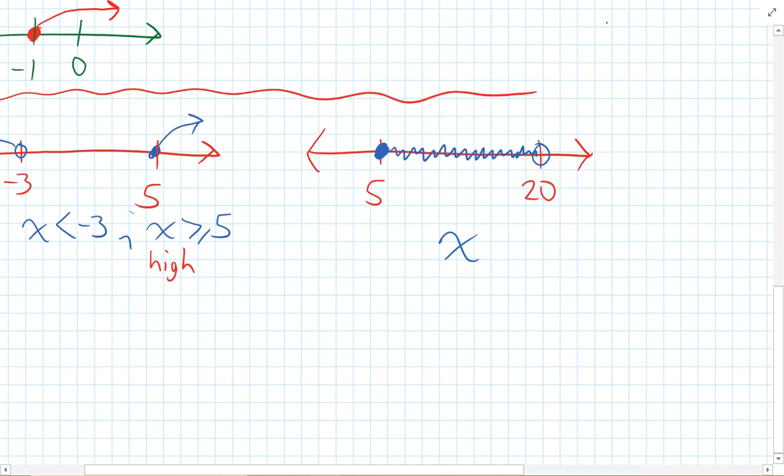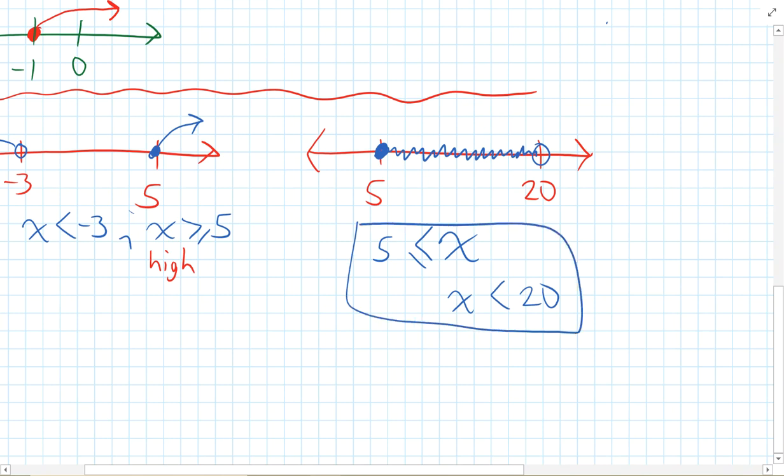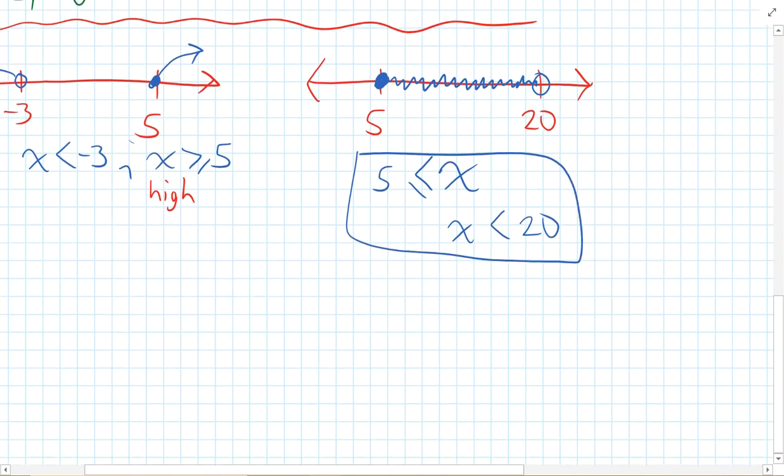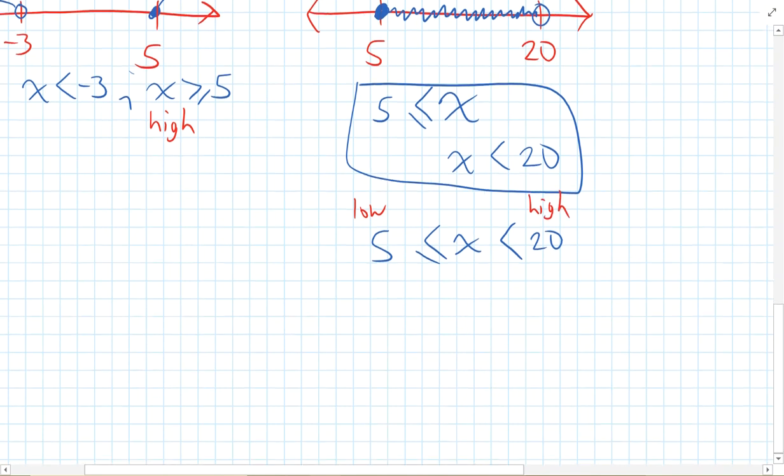Now, this is a little bit tricky. It takes some memorizing. What we have to do is we kind of combine them. So we have x is greater than or equal to 5, and we have x is less than 20. So what we actually do is we can put these together and overlap them. So x is still in the middle. These are the signs. And then we have our low value, really important, low value on the left. And over here we have our high value on the right. And so we can read it two different ways.